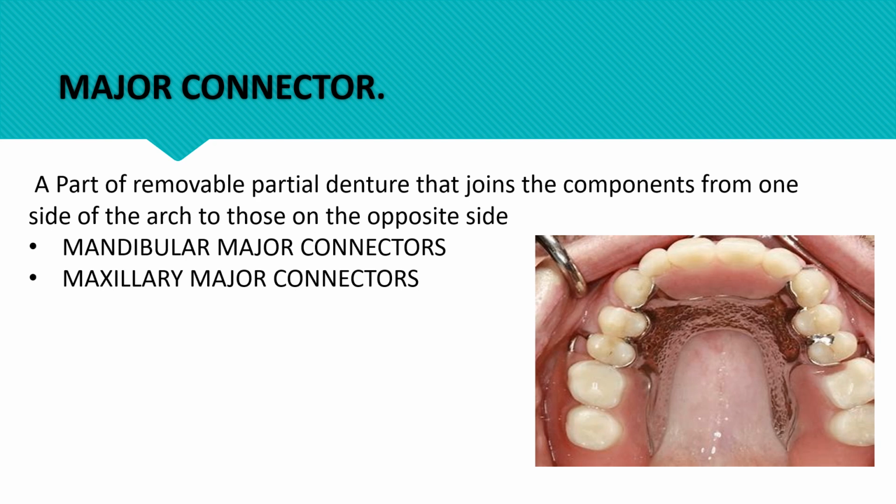Therefore we have a mandibular major connector or a maxillary major connector. It depends on which arch we are working on. This whole major connector connects one side of the denture to the other side, and it also connects all the different small components of the RPD.